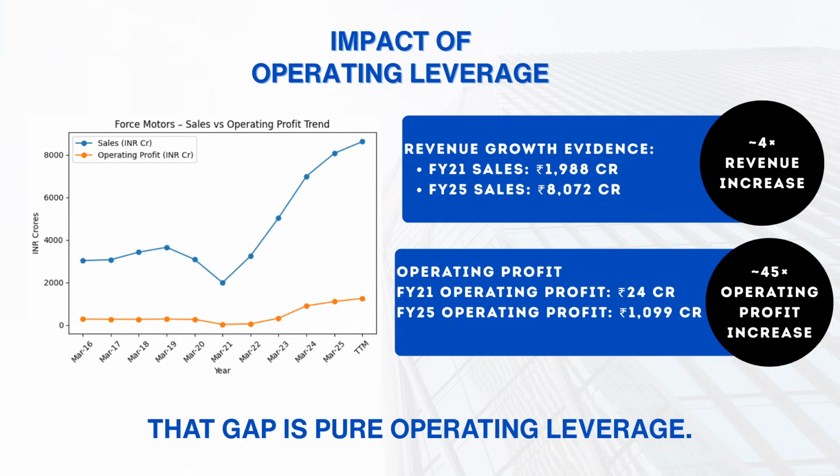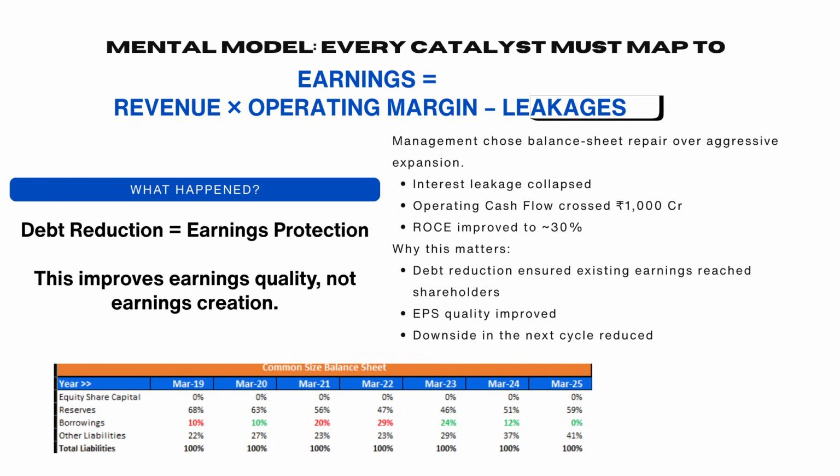Now let's come to the last part of the equation, which is leakages. So far we have discussed revenue growth and operating leverage. In the Force Motor case, the biggest leakage earlier was debt. Before the recovery phase, around fiscal 21-23, they had a decent amount of borrowing, which means high interest cost, cash flow getting diverted, and profit leaking.